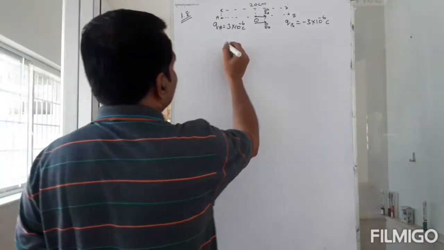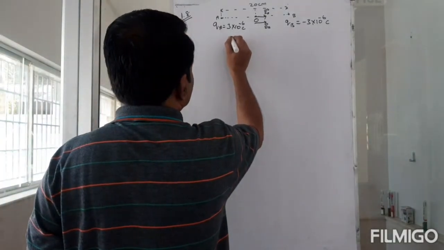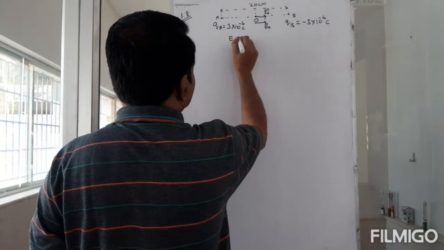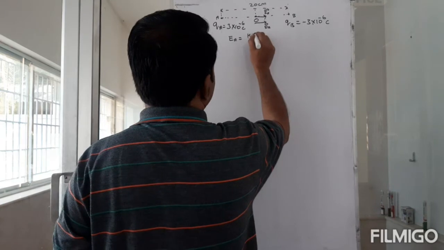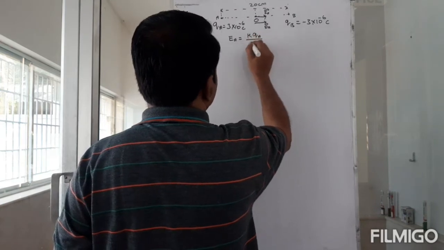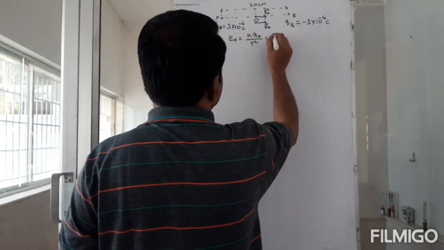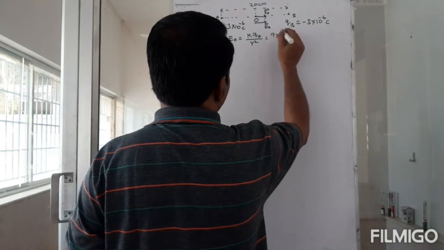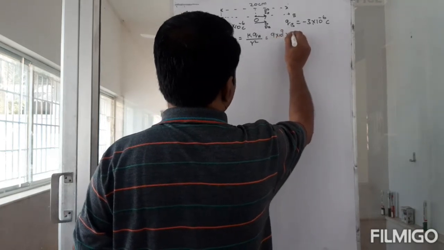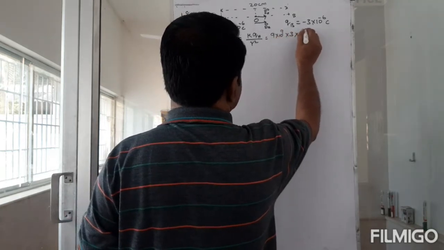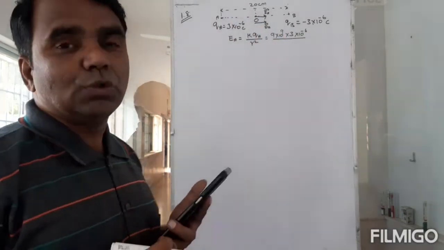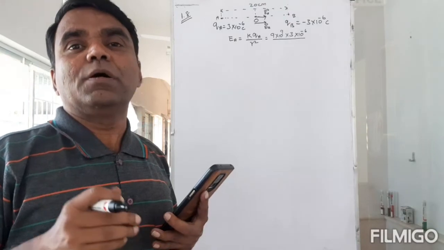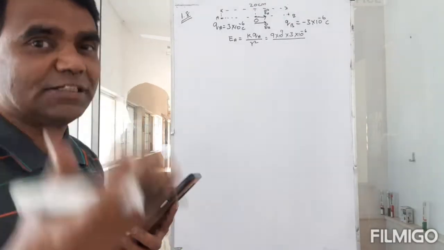So what is my EA? My EA is equal to K into QA by R square. So this is 9 into 10 power 9 into 3 into 10 power minus 6, divided by this 10 centimeters, which is 0.1 meter, which is 10 power minus 1 meter.